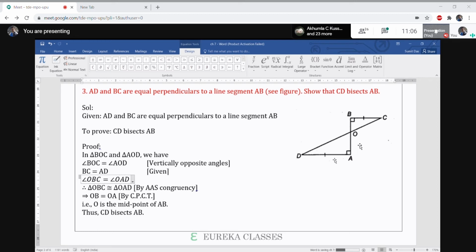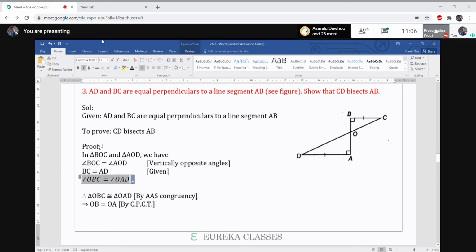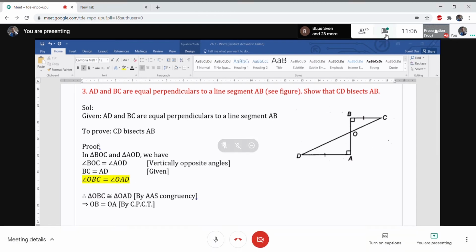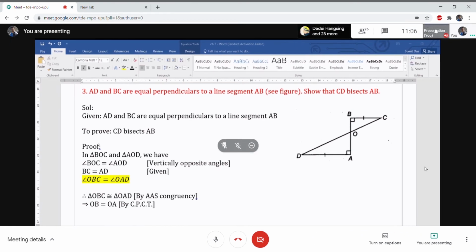Can anyone tell me why these two angles are equal? Why are these equal? OBC and OAD, why are they equal? Let me know. Why are OBC and OAD equal?